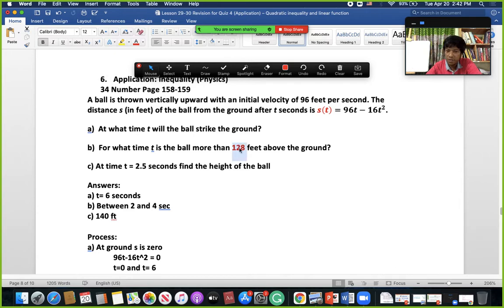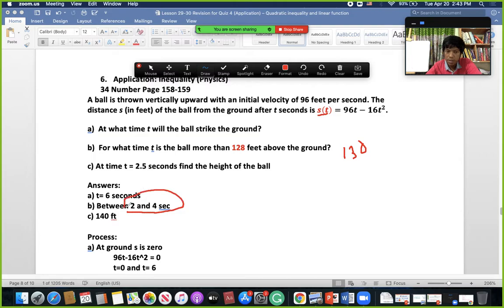If this value is different, then you have to do the calculation for that. If this value is a little bit irregular, suppose I write here 130 instead of 128, then in that case the answer will not be this nice, because the answer will be a decimal.